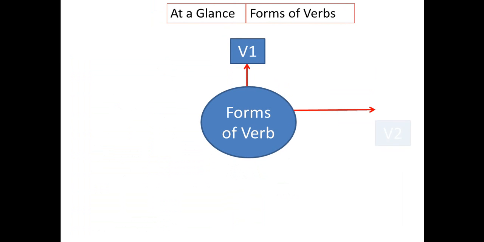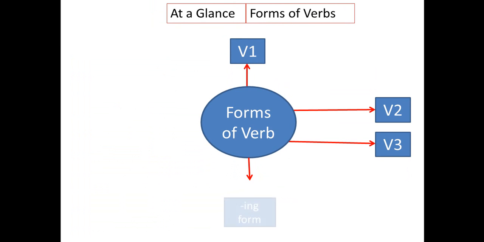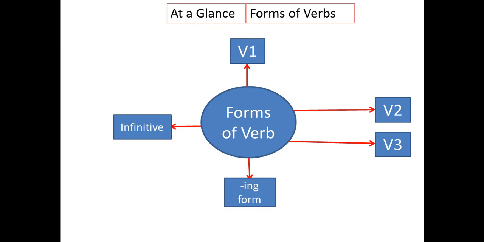V1 present form, V2 past form, V3 past participle form, then ing form, and of course infinitive form. So already we have known about different variations, and except V2 and V3, the other three have got different variations.